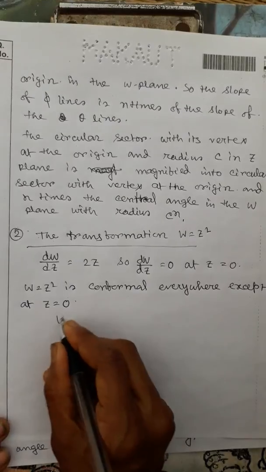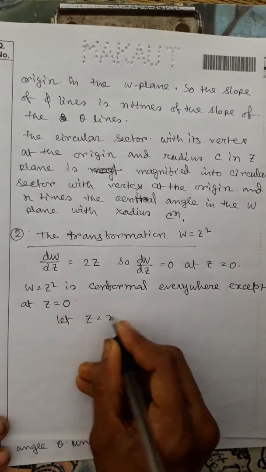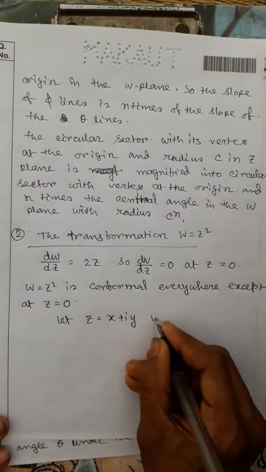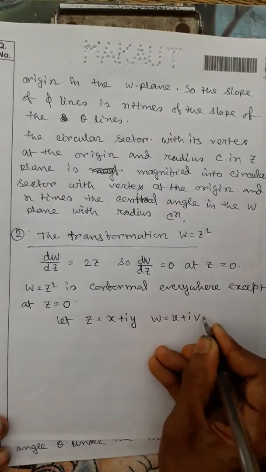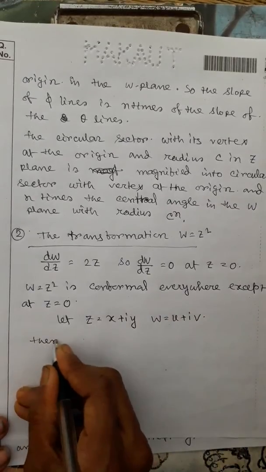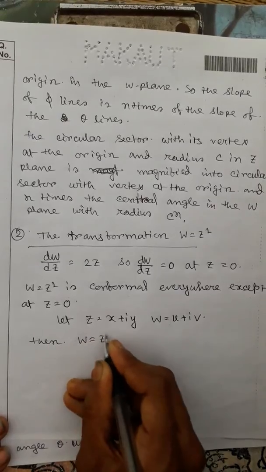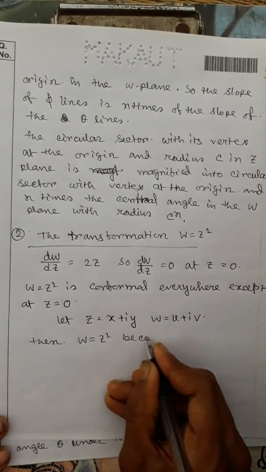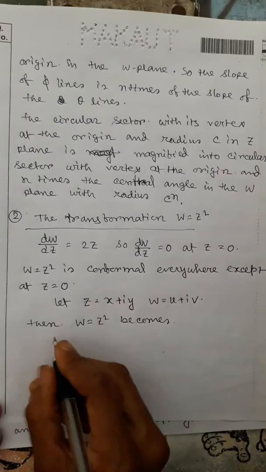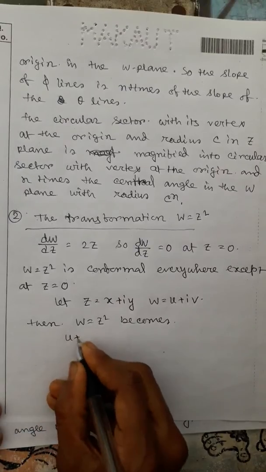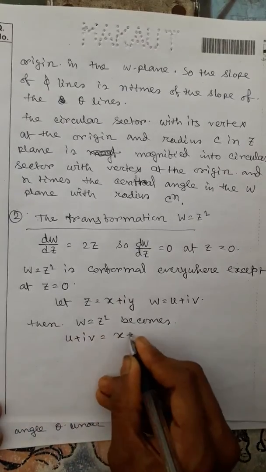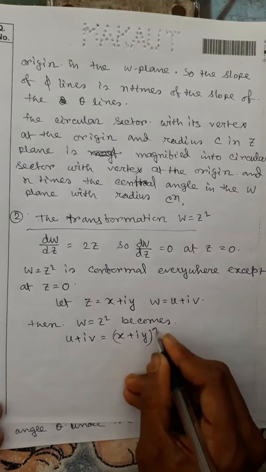Now if we let z = x + iy and w = u + iv, then w = z² becomes u + iv = (x + iy)².